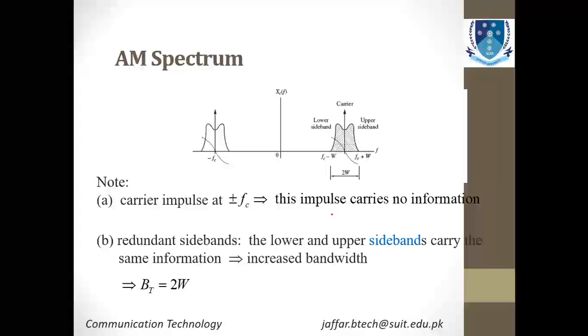Now, there were a lot of issues coming into AM. Most importantly, the energy consumption was very high in amplitude modulation, or double sideband with carrier. The main portion of that energy was going towards the carrier.